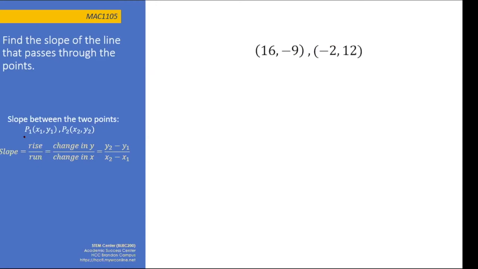So if we remind ourselves of slope, if we want slope of 2 points that are of this form, P1 and P2, where P1 has components x1 and y1, and P2 similarly, then we use the following formula. Slope is rise over run, which is change in y over change in x, which in terms of those points is this.